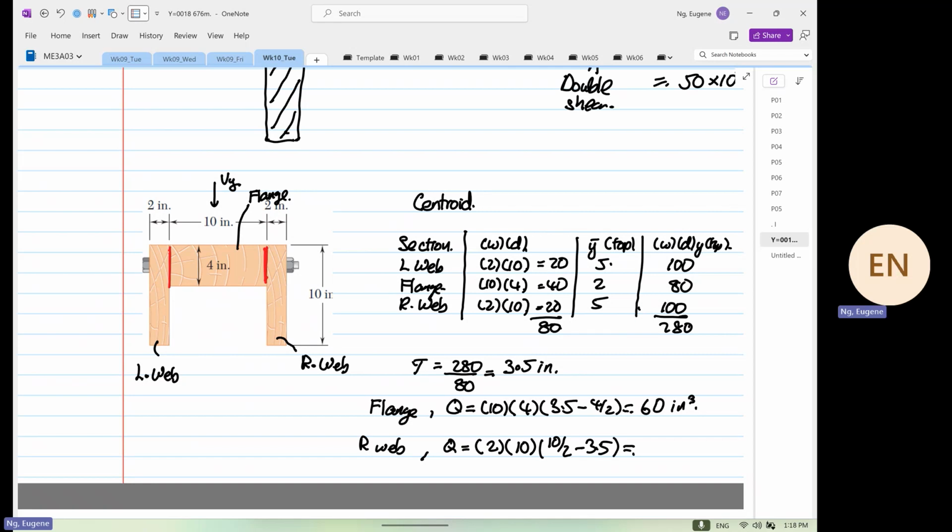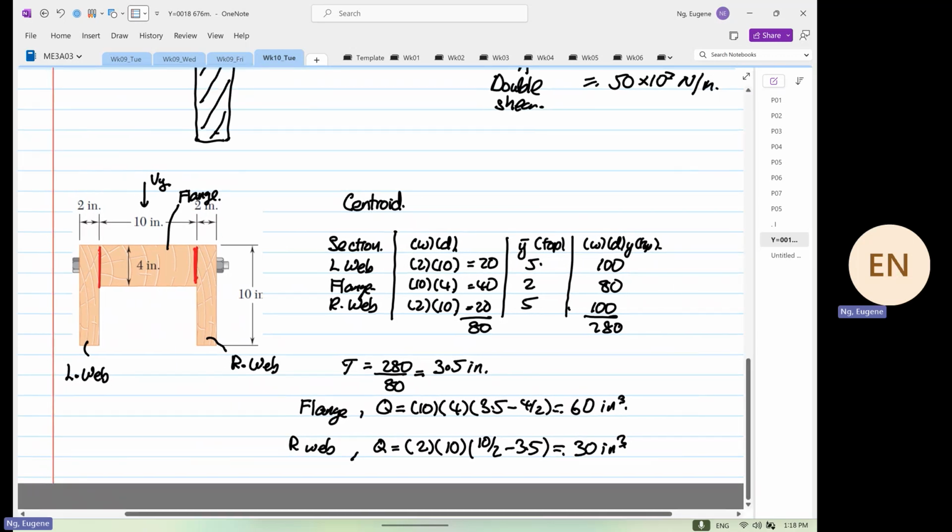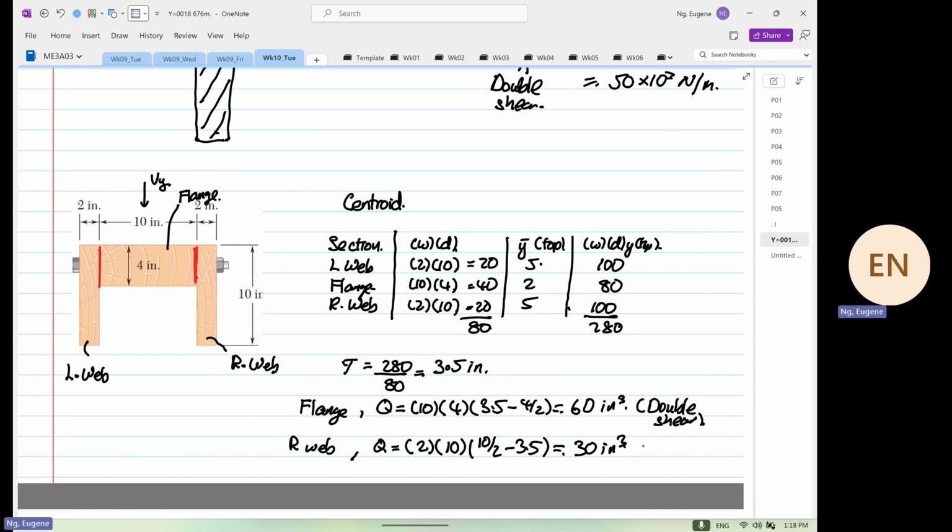So 10 divided by 2 minus 3.5, times 10, times 2, and this is equal to 13 inch cube. But remember, at the flange it is double shear. At the web it is what?